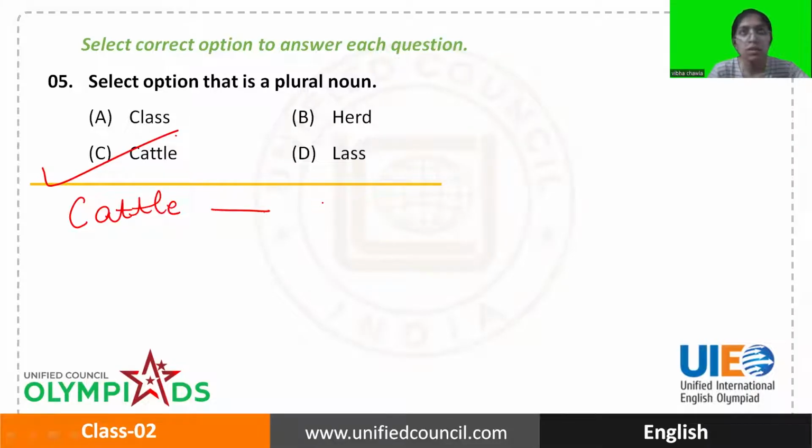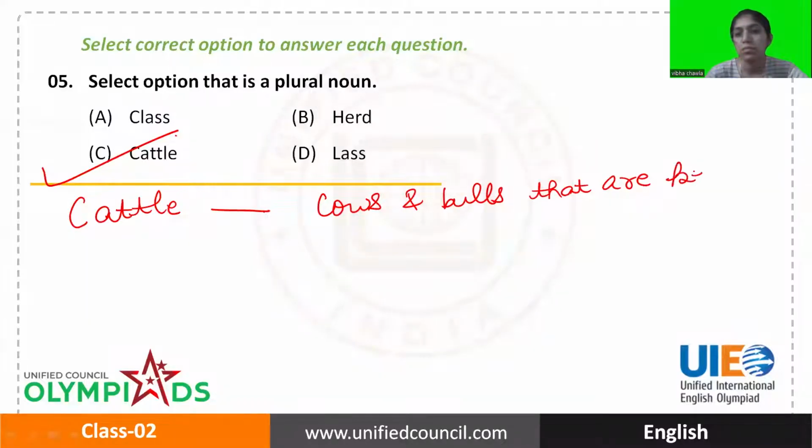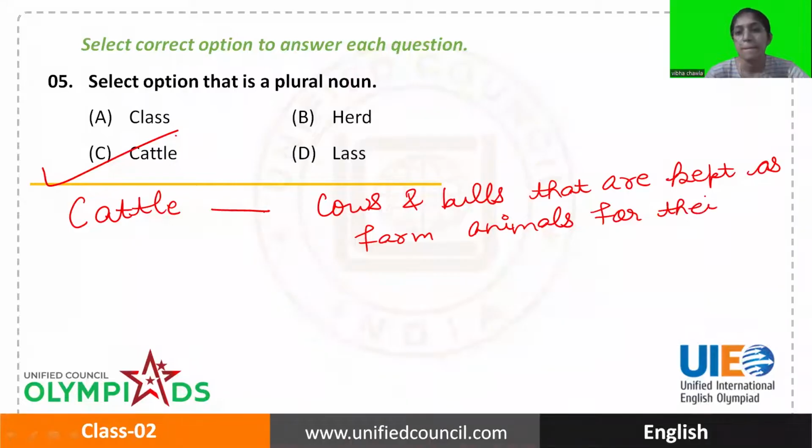Now, cattle refers to cows and bulls that are kept as farm animals for their milk or meat.